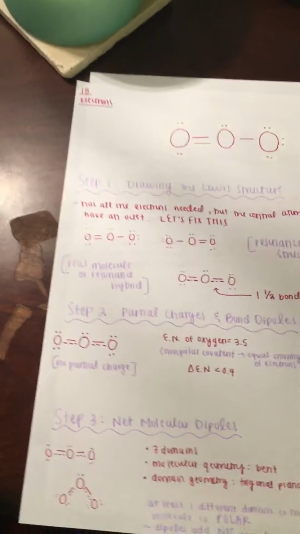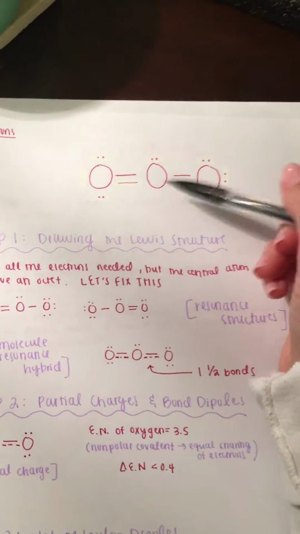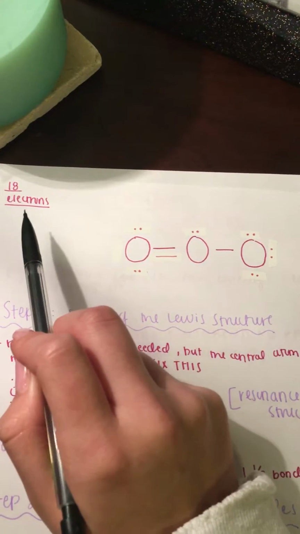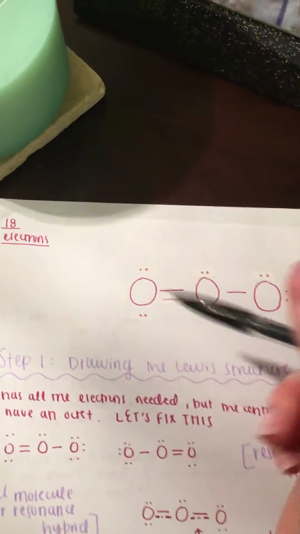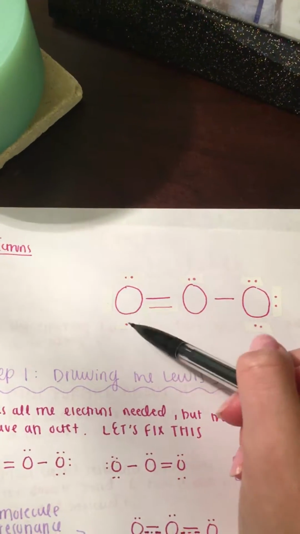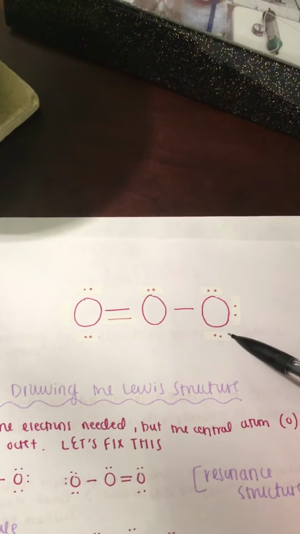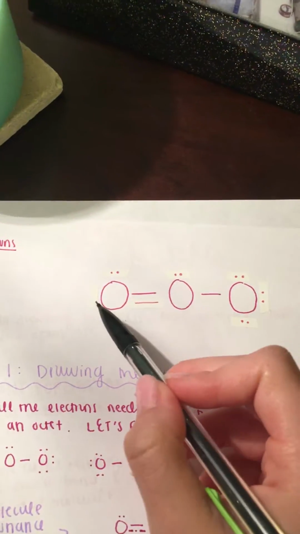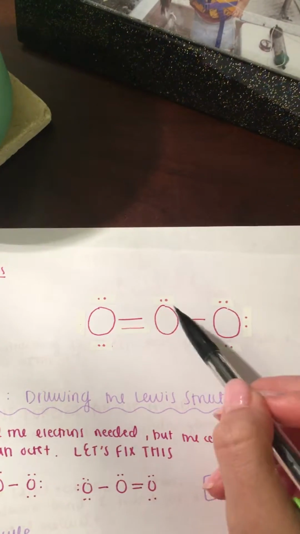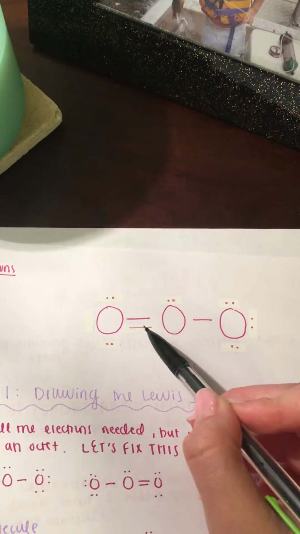So, last but not least, we have ozone. And we know that on the periodic table, 6 times 3 gives you 18. So we start by adding all the electrons on the outside first. But as you can see, oxygen needs an octet. So 2, 4, 6, 8.